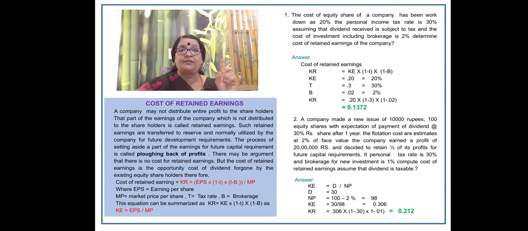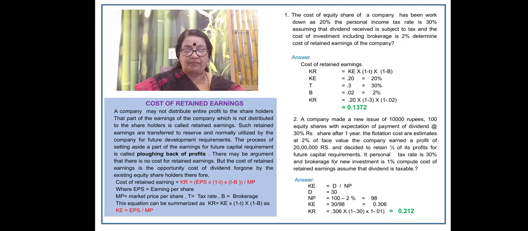We can summarize this equation, because for the computation of equity capital, KE = EPS / MP. So instead of writing EPS / MP, we can take it as KE. So KR, the cost of retained earnings, = KE × (1 − T) × (1 − B). Easily we can make out.